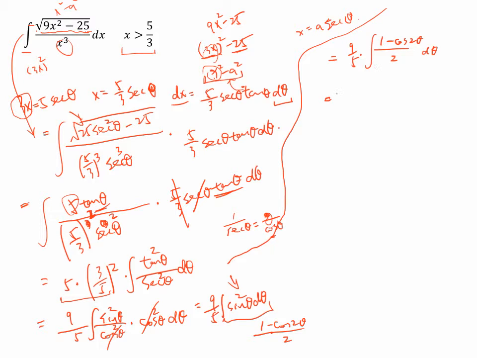Take the constant out, 9/10. Integration of 1 d theta minus the integral of cosine 2 theta d theta. I take the 1/2 outside and then split the integral into two integrals. So 9/10 times theta minus 1/2 sine 2 theta.